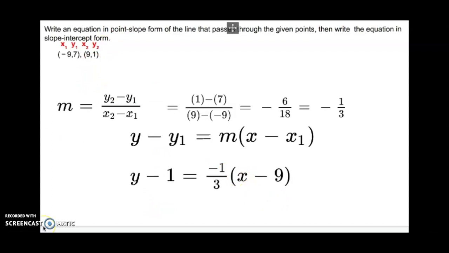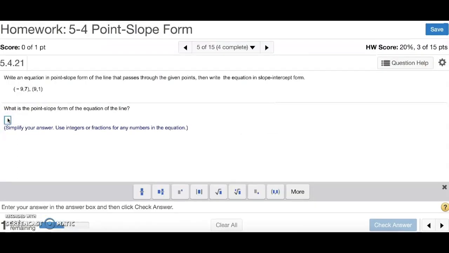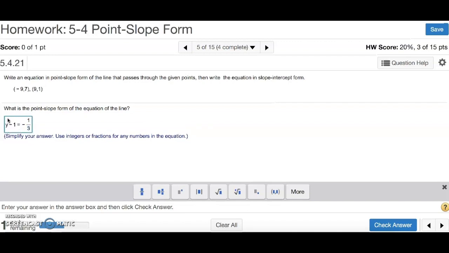So let's type that in for the point-slope form before we go to the slope-intercept form. So we have y minus 1 equals our slope of negative 1/3 in parentheses x minus 9.